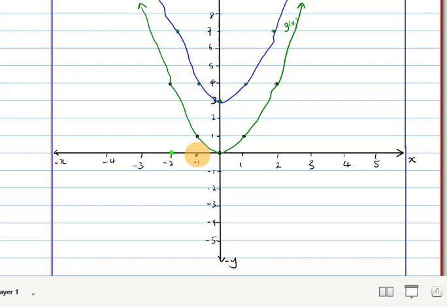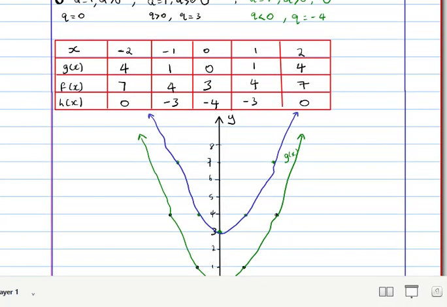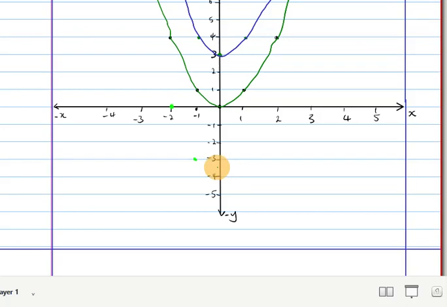So here it's -1 and -3. Okay. When x is 0, the value of y is -4. So it goes here. When x is 1, it goes to -3. When x is 2, it goes to 0.